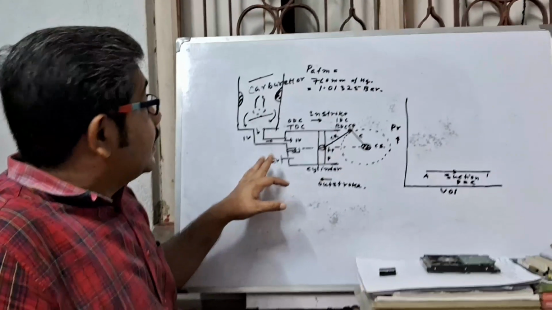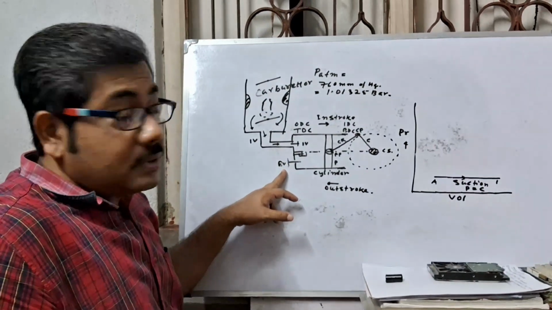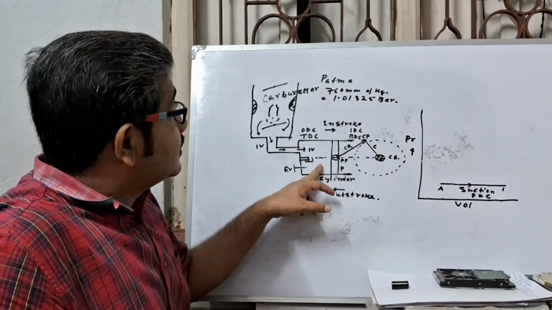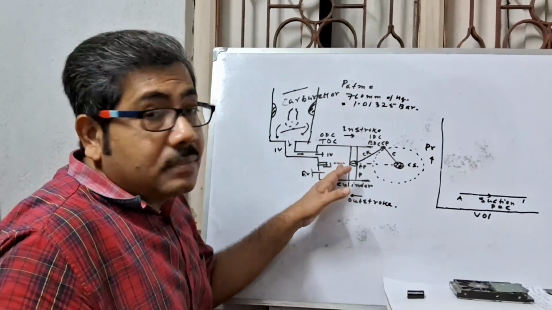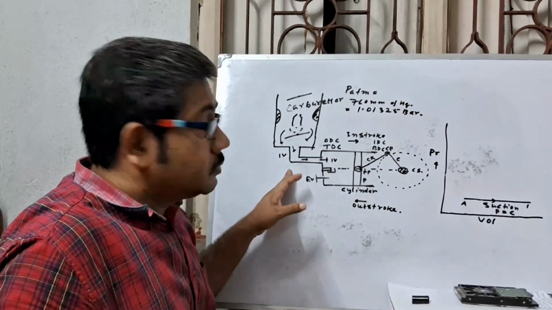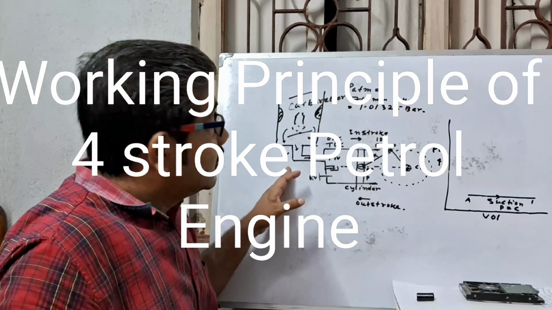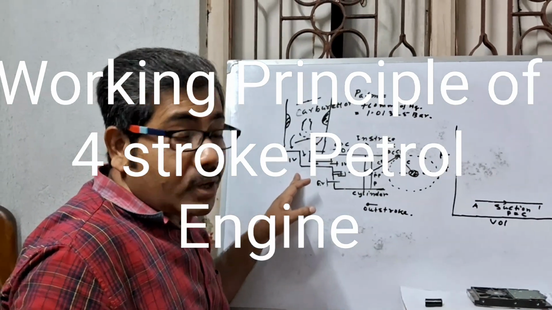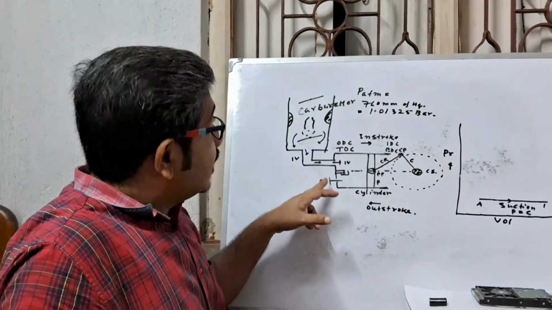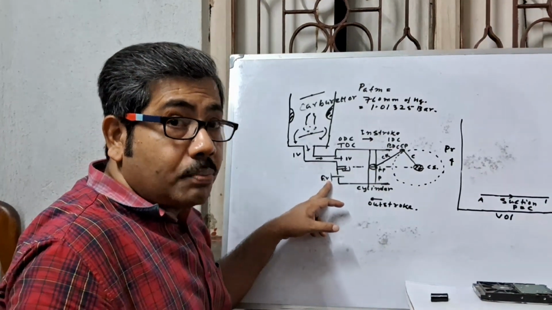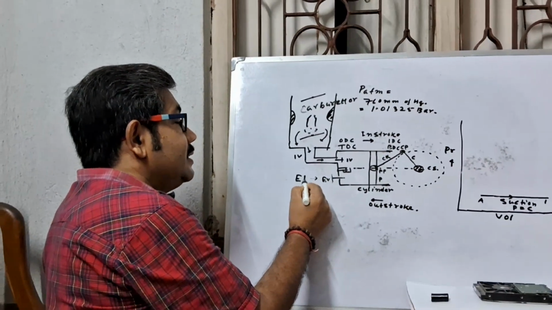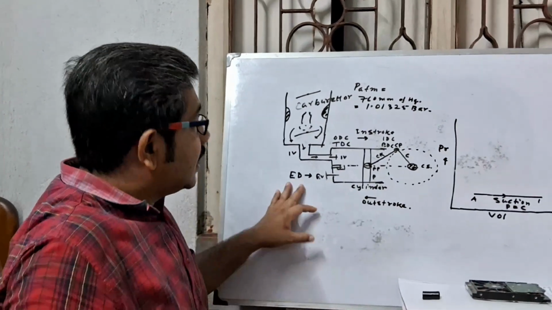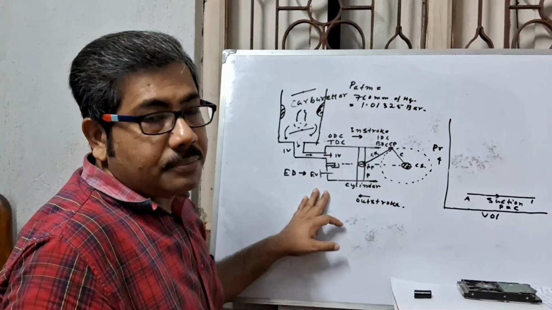But if the exhaust valve is opened, then the air petrol mixture comes out, so there is no effect. So now the exhaust valve is closed by the eccentricity device. This is the eccentricity device, which now closes the exhaust valve.